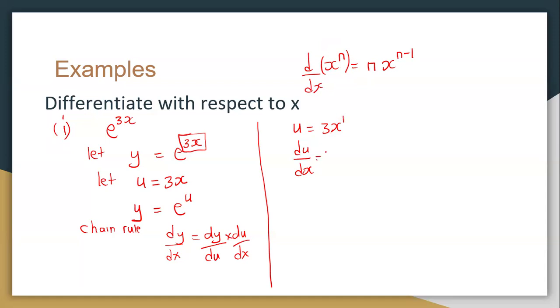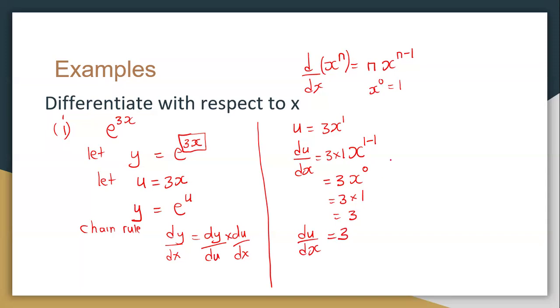So when it drops, we shall have 3 times 1, then x, and you reduce the power by 1. So this will give us 3x to power 0, and any number to power 0 is equal to 1. So do not forget that x to power 0 is the same as 1. So here we have 3 times 1, which will end up with 3, meaning that our du/dx is the same as 3.